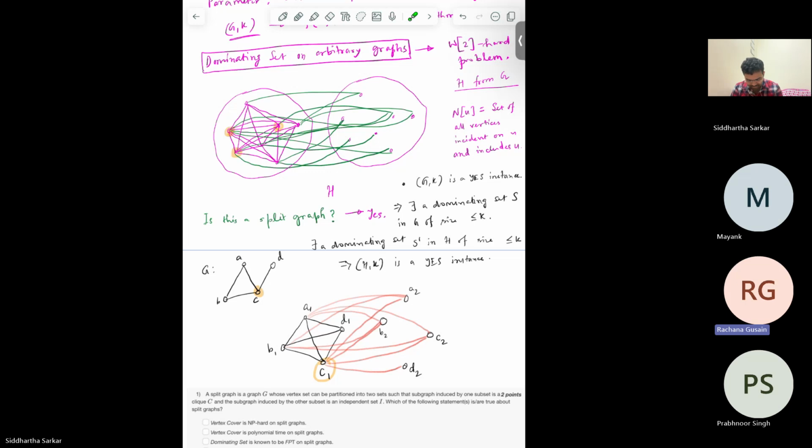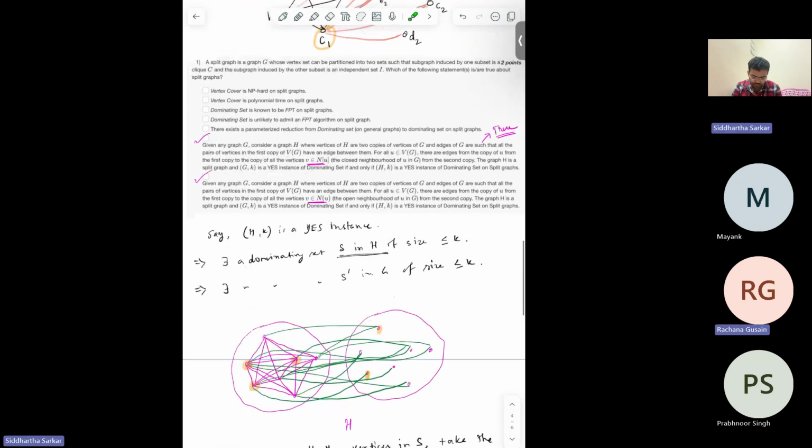So if we have a subset of vertices in G which is a dominating set, and we select those vertices in the first copy, which induces a clique, that is going to be a dominating set for H as well. Exactly, so you get an equal sized dominating set in H also.